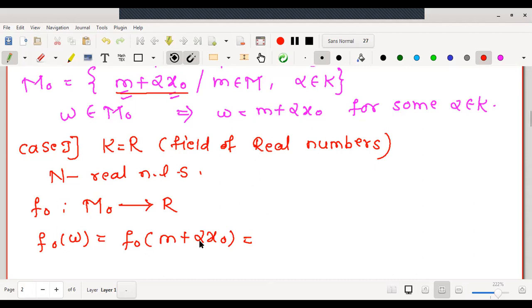Therefore, if F naught is linear, how is it going to work on this linear combination? This is F naught of m plus alpha times F naught of x naught. But as it is an extension, for the elements of M, F and F naught may be equal. Therefore, F naught of m is equal to F of m.